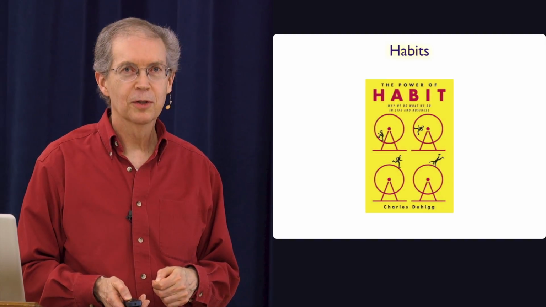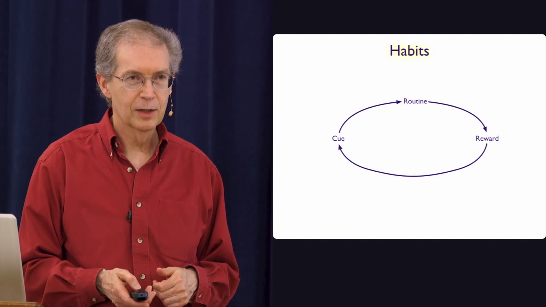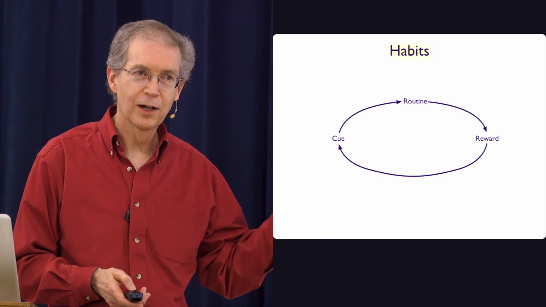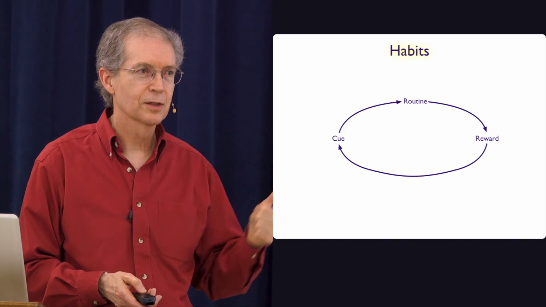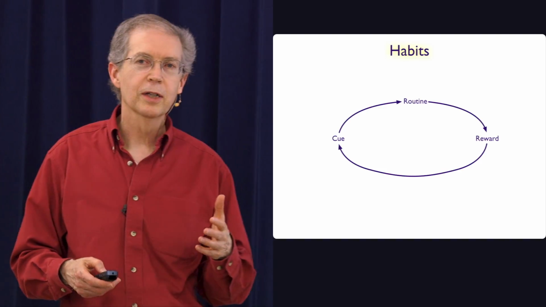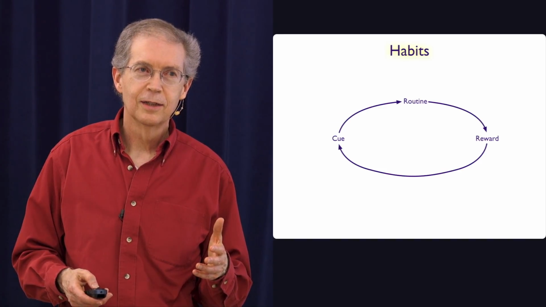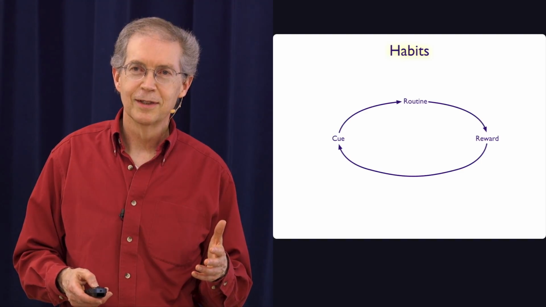One of those good popular books, in which he models his system diagram for habit like this. You start with something that's a cue. You walk into the kitchen, and you think, I'm hungry.